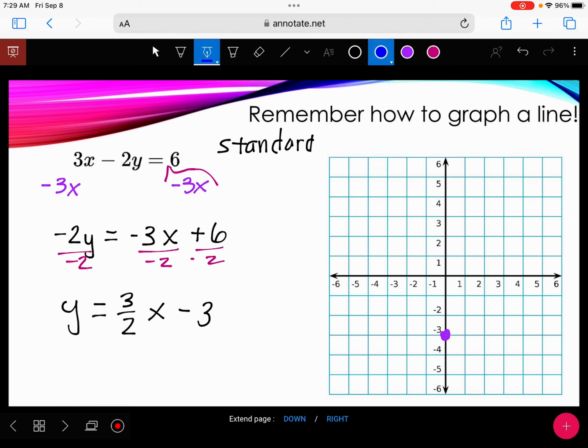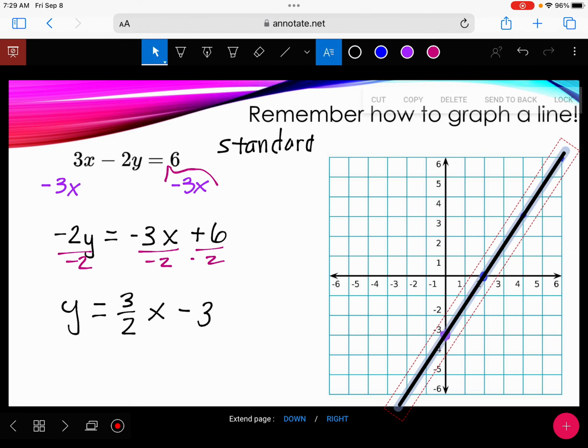It has a slope of 3 over 2, so we're going to go up 3 over 2, up 3 over 2, up 3 over 2. Like that.